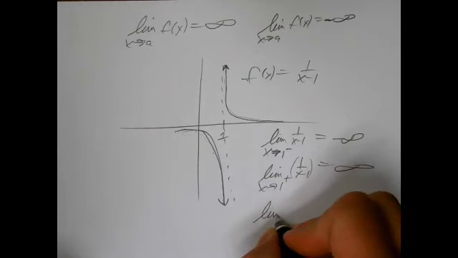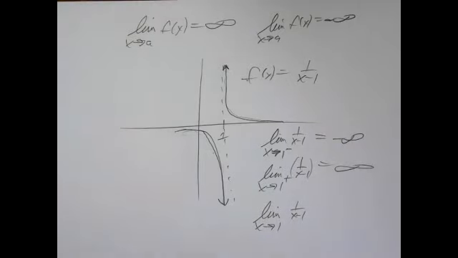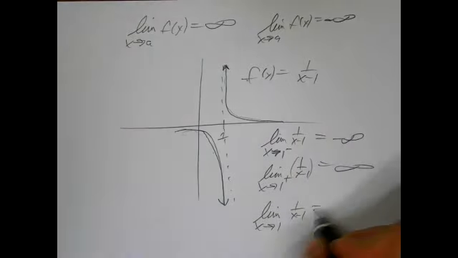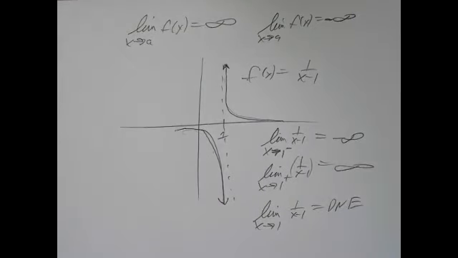Therefore, the overall limit as x approaches 1 of 1 over x minus 1 would simply not exist. The left-hand limit existed, the right-hand limit existed, but they did not match each other.